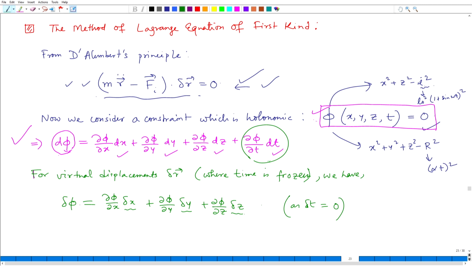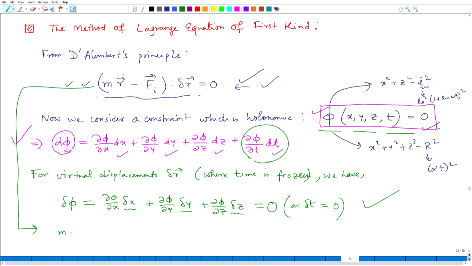Because phi is 0, by definition, this will also be equal to 0. Now, you can also write this in Cartesian coordinate system. Here we have used Cartesian coordinates.